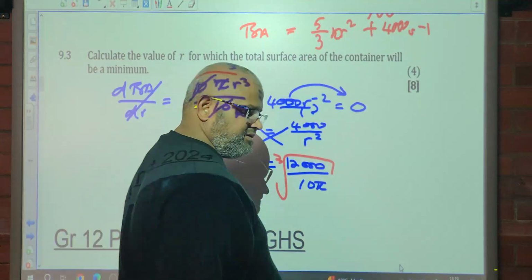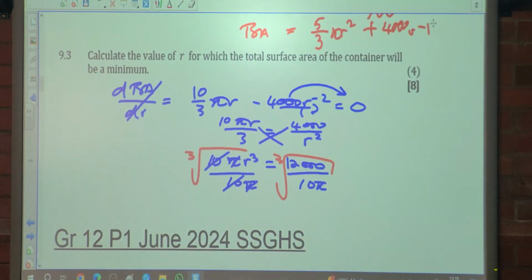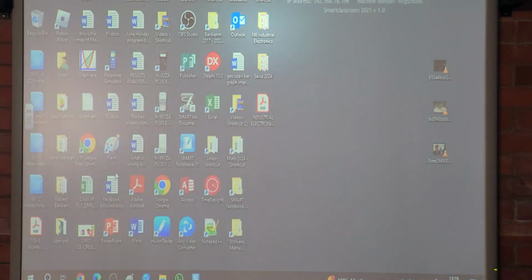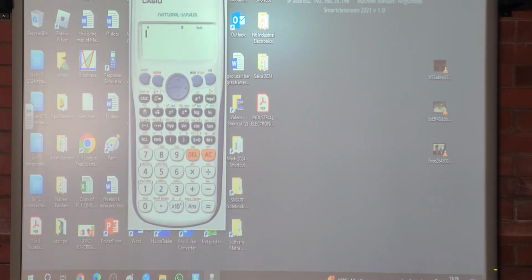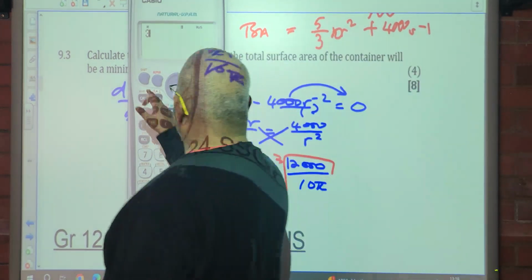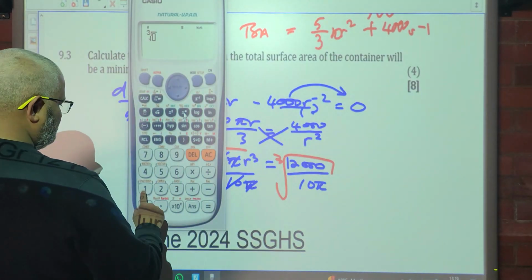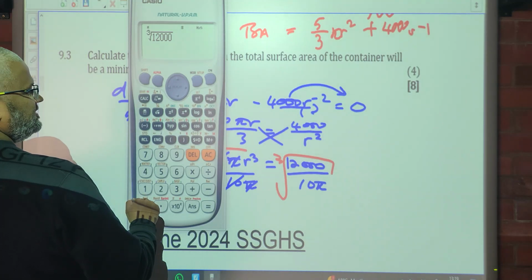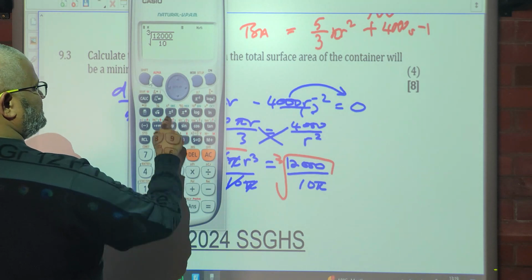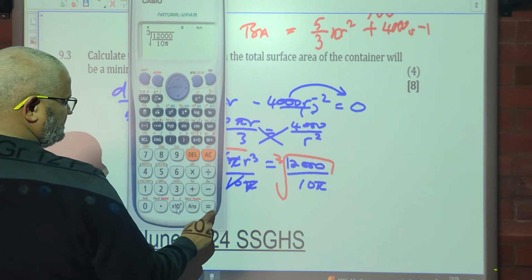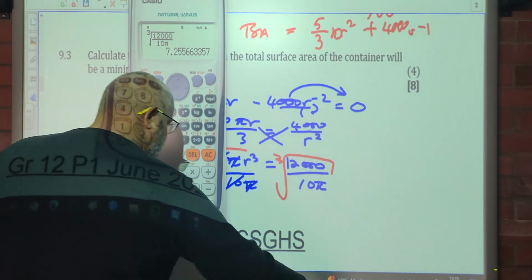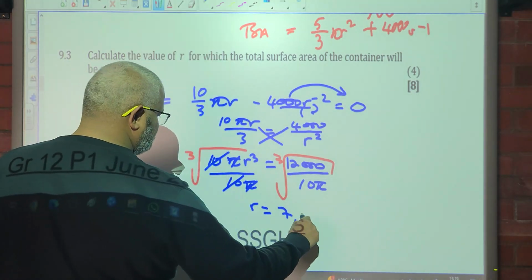So that simply gives us the cube root of 12,000 over 10 pi. We could have just said 1,200 over pi, which gives us 7,26. So your radius is 7,26.